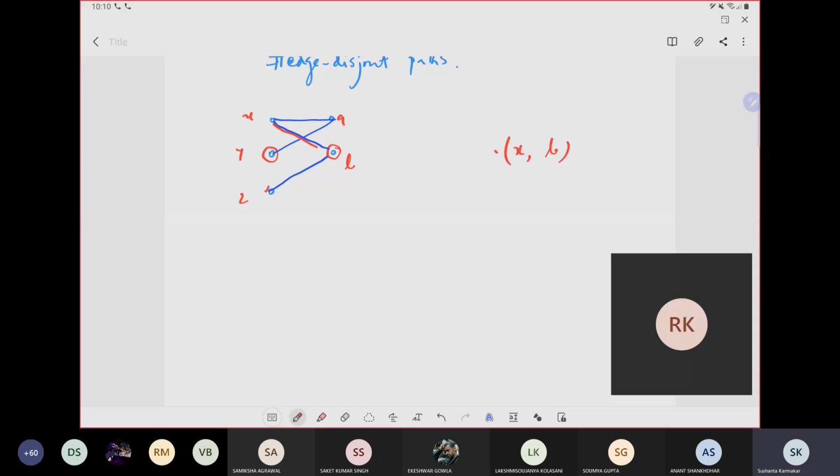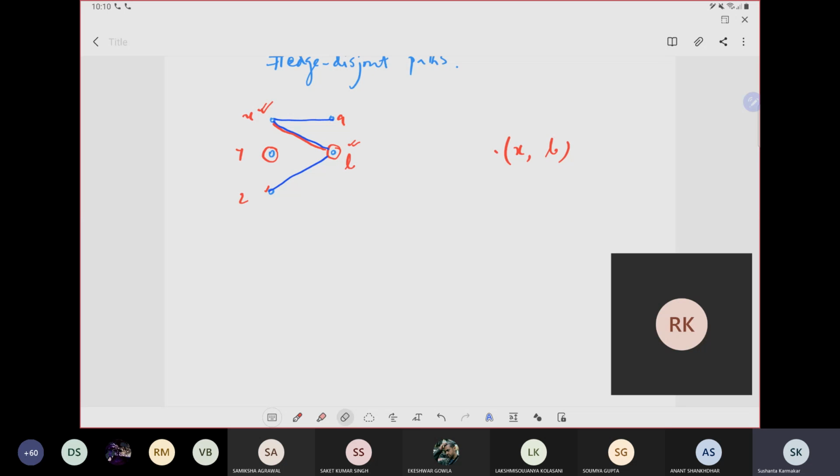So this is one matched pair I take. What is left with me is A and Y and A and Z. Let's say I don't have this edge. So now this is the connection.